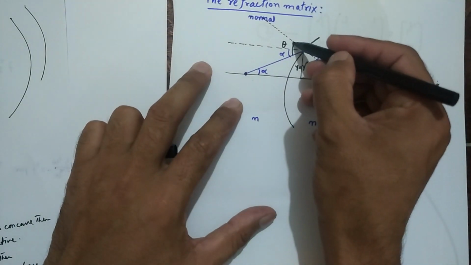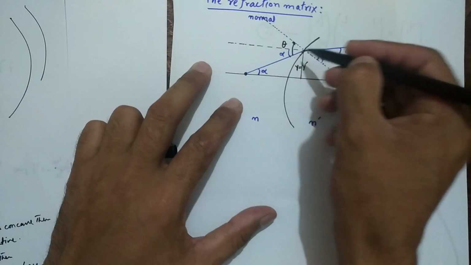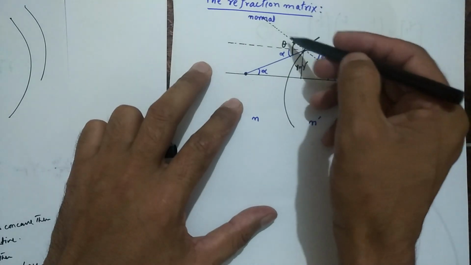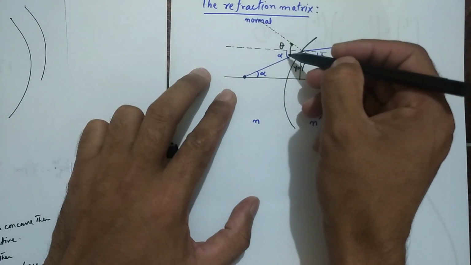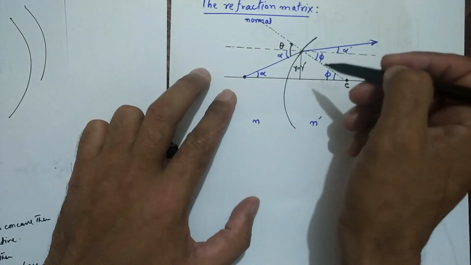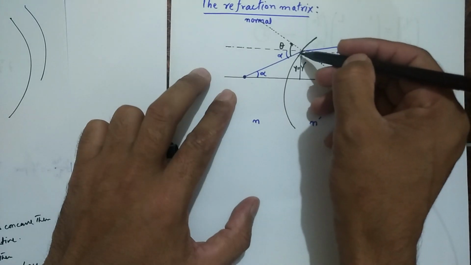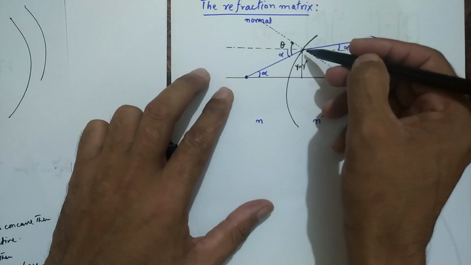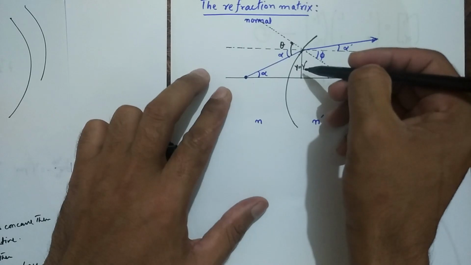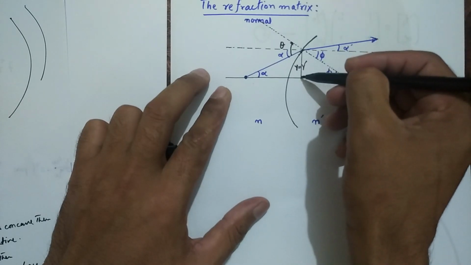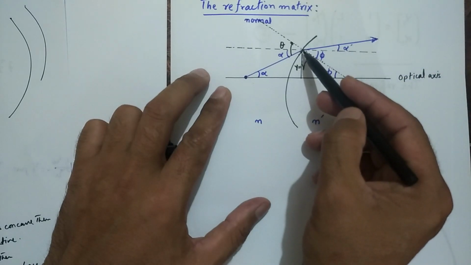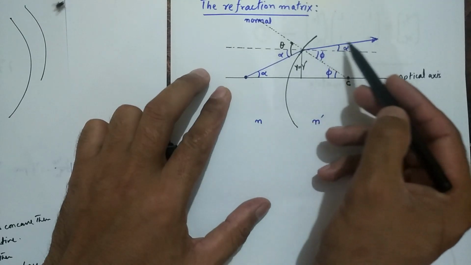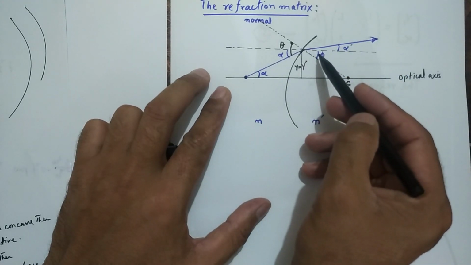So the angle of incidence of the incident ray with the normal is theta, and the angle of the incident ray with the optical axis is alpha, and at the point of refraction the height of the ray from the optical axis is y. Now at this point the refraction occurs, and instead of going straight the ray bends towards the normal.